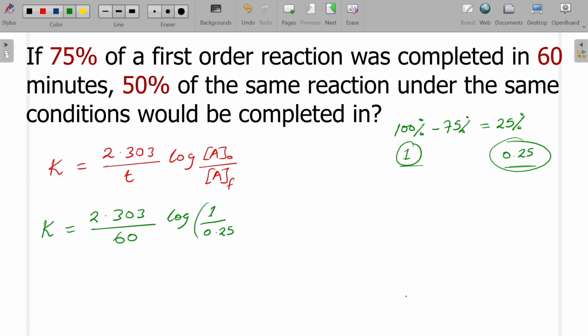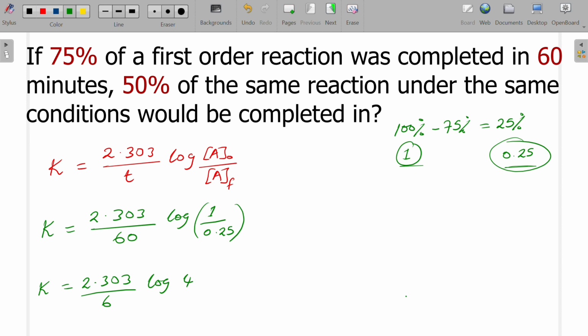So our K is equal to 2.303 divided by 60, multiplied by log of 1 divided by 0.25, which is giving us 4. So it will be log 4 on the other side.